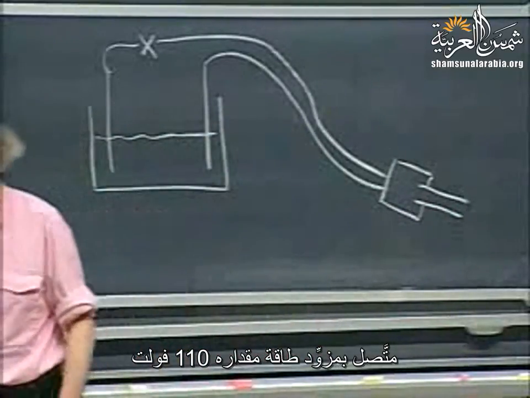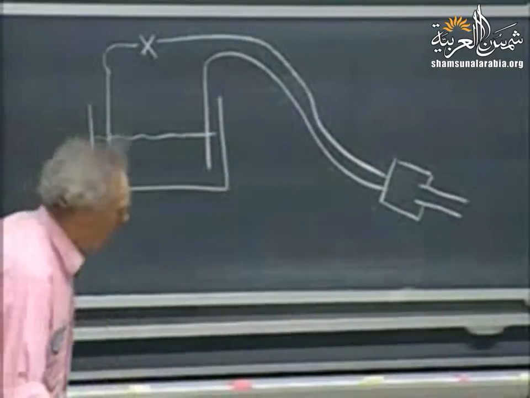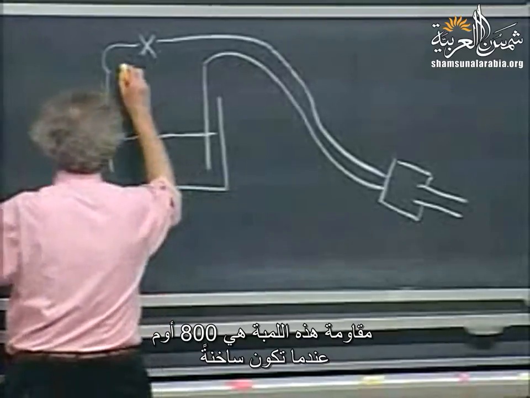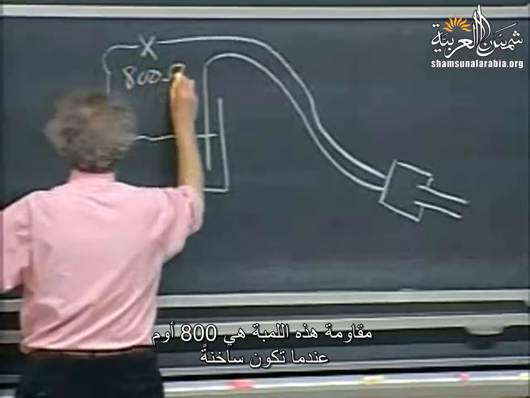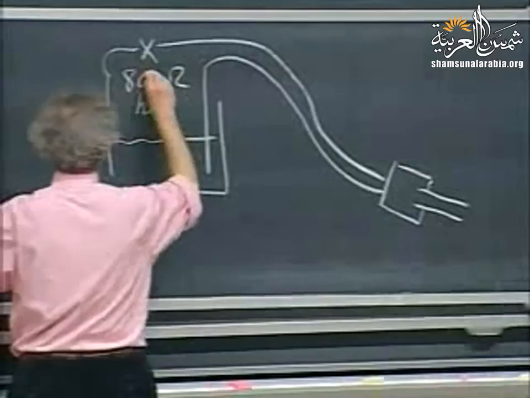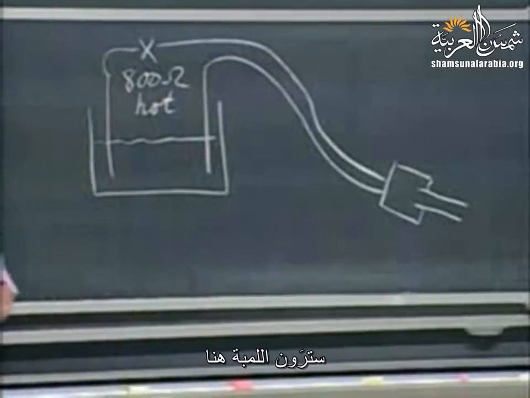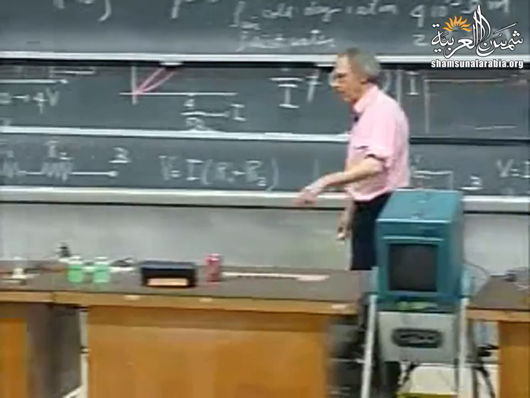Stick it in, 110 volts. This light bulb has 800 ohm resistance when it is hot. You see the light bulb here.